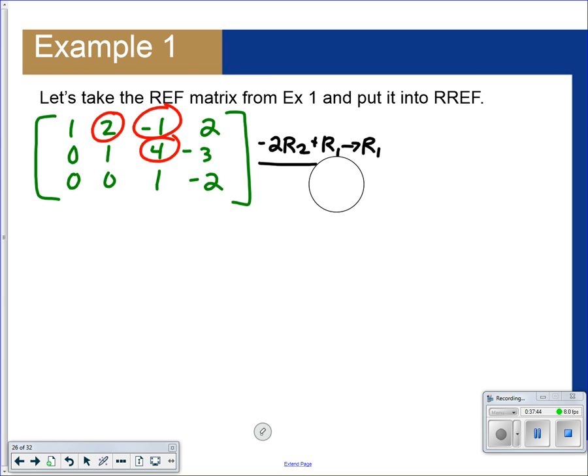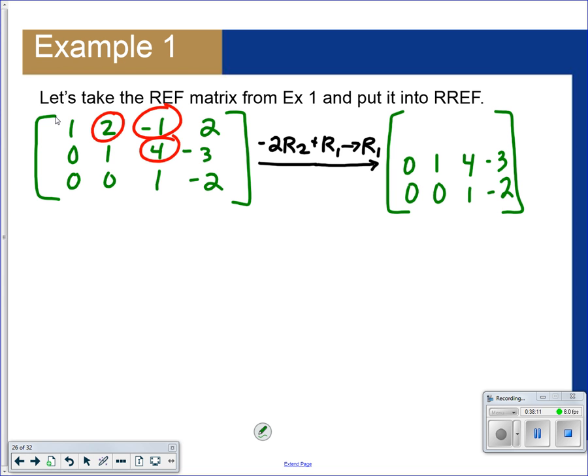And the reason why you want to do that is because if it's in row echelon form already, this is a 0. So when I add it to this one, 0 plus 1 is still going to be 1. Okay? So the only row I'm changing in this step is going to be row 1. So I'm just going to write all the other rows the same.